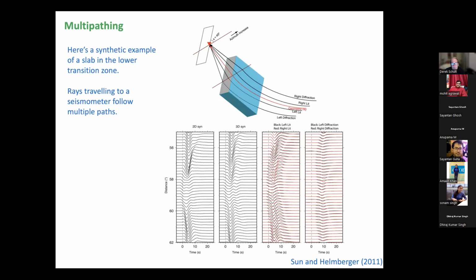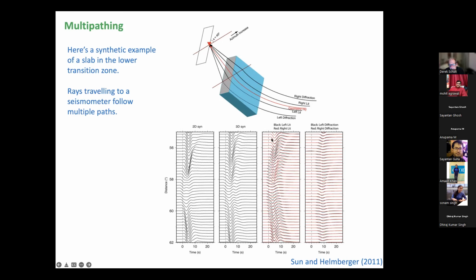Here's an example of multipathing in a slab. So if I have subduction going on and we have this sort of synthetic subducting slab, we can see that the energy travels in ways different from the geometric ray.